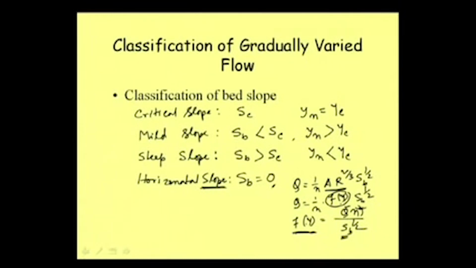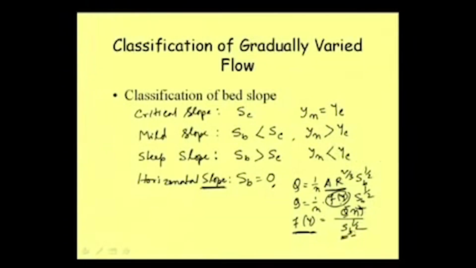So, if this side is to become equal to infinity, y_n will have to become infinity. If we take a wide rectangular channel, then we can explicitly show that y_n is infinity. S_b equal to 0 means anything by 0 becomes infinity, so the normal depth becomes infinity. So, we can write that for a horizontal bed, y_n is infinity.